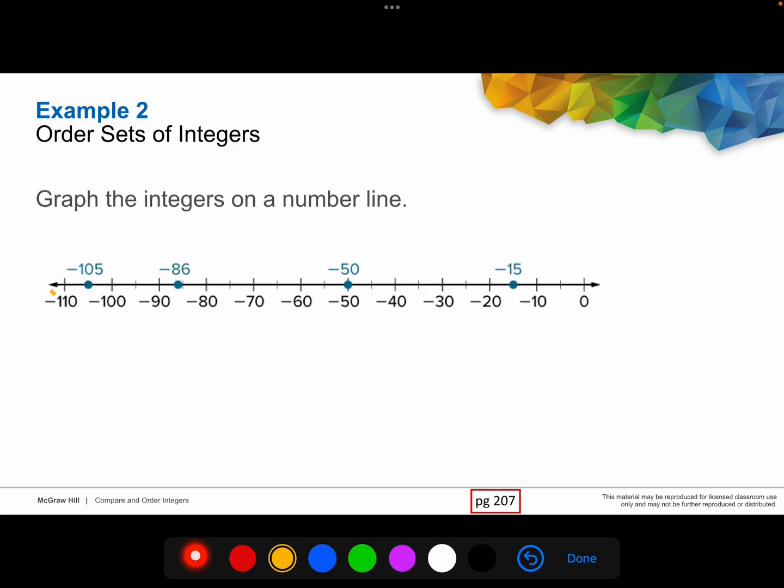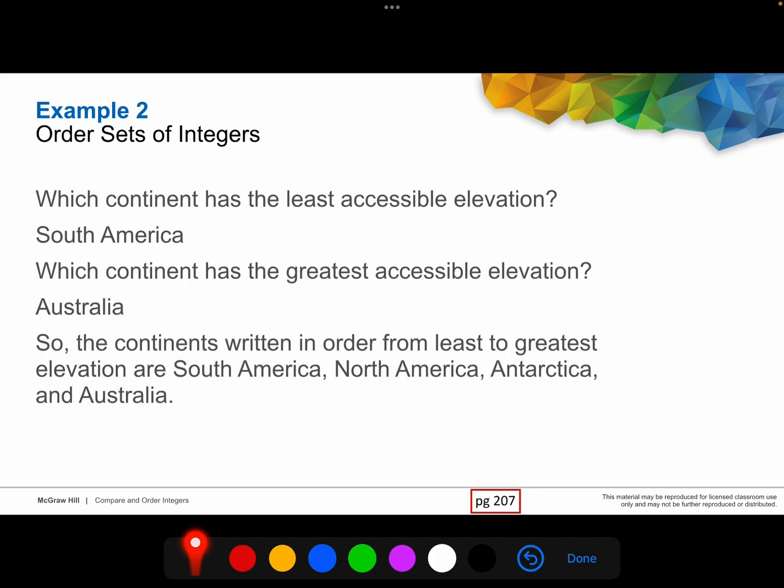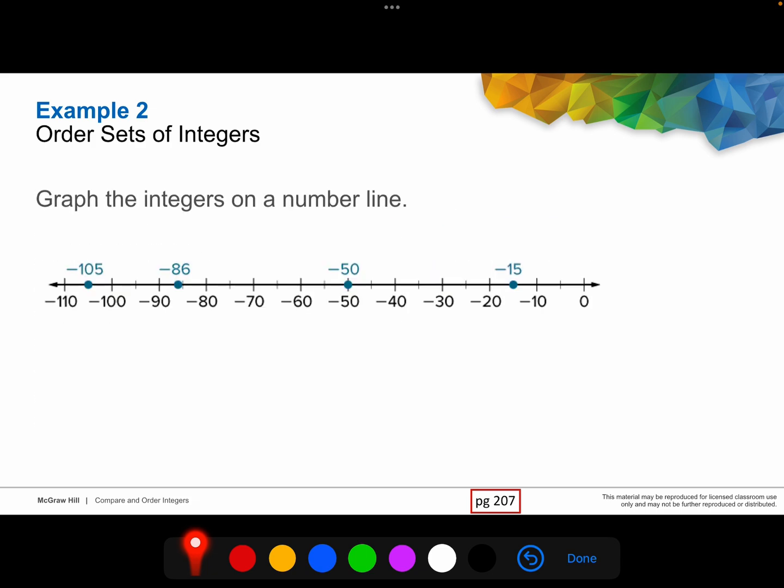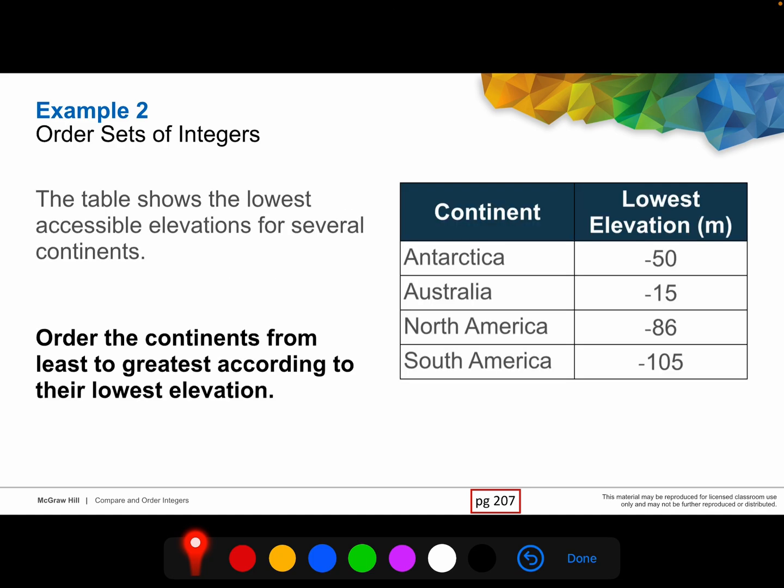First step, we're going to graph all our numbers on the number line. So you can say we have negative 105, negative 86, negative 50, and negative 15. As we graph these, negative 105, negative 86, negative 50, negative 15.